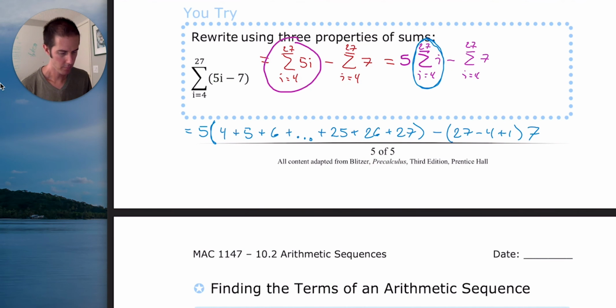Okay. Can we finally do some arithmetic, please? This is equal to 5 times, we need how many pairs of numbers, and we're going to multiply that by the value of each pair. So it's 5 times, let's do the pair value first. So that is 31.